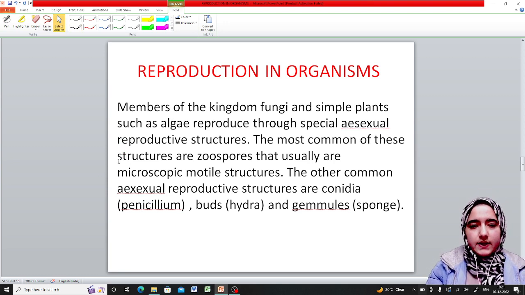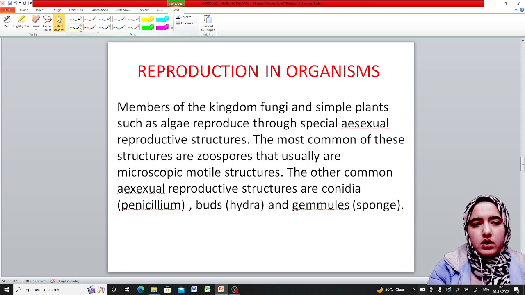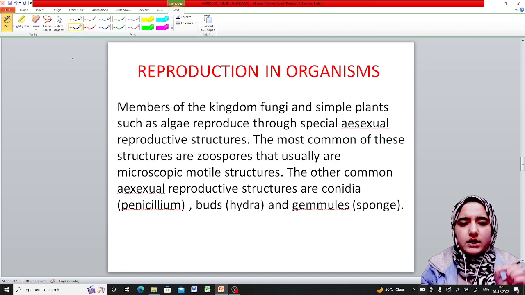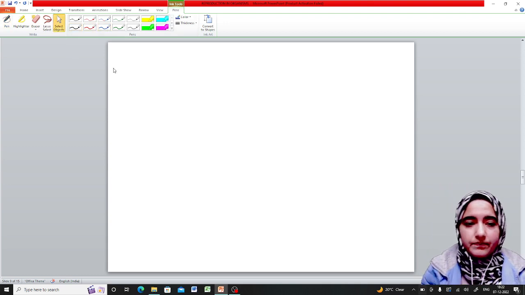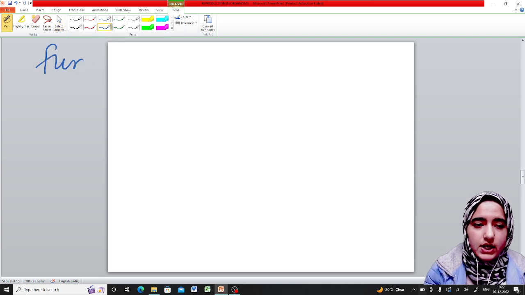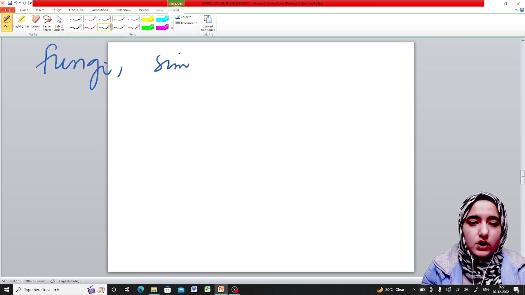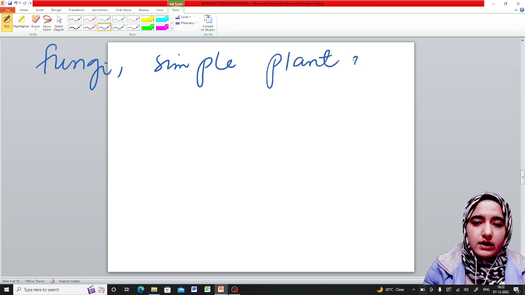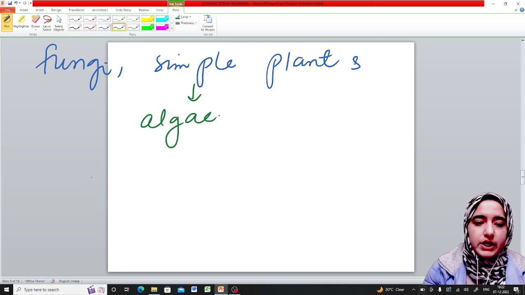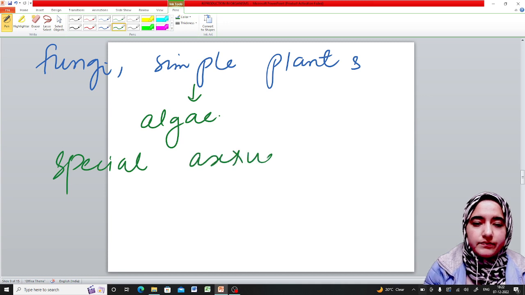Now we will see that many members of kingdom fungi and simple plants like algae reproduce through special asexual reproductive structures.